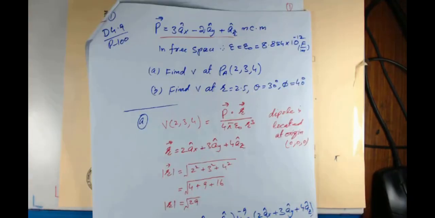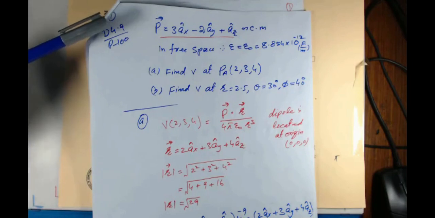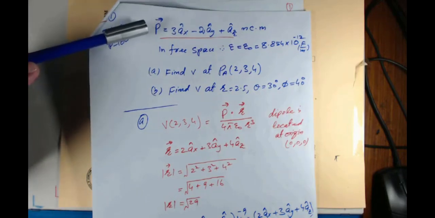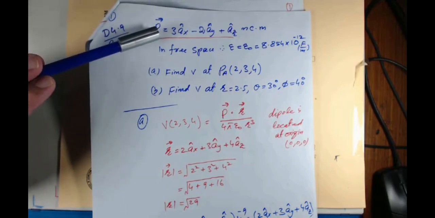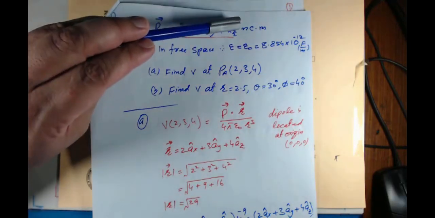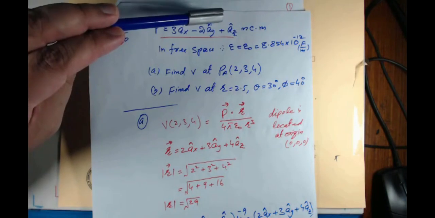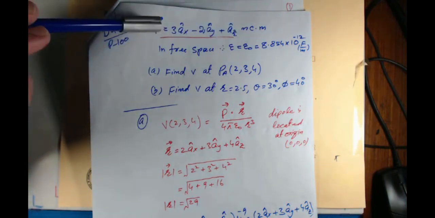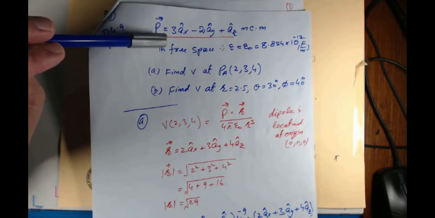Let us solve some drill problem, which is D 4.9 on page 100 in the book. In this problem, we are given the dipole moment at the origin in Cartesian coordinate system in nano Coulomb meters unit. The dipole is placed in free space at the origin.